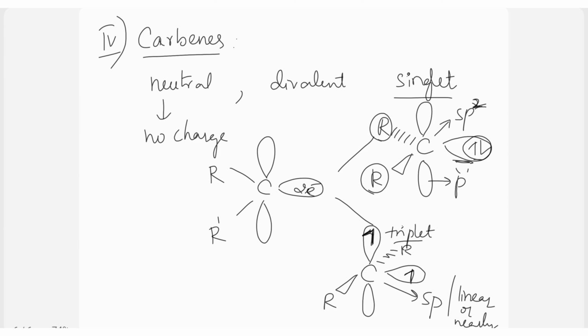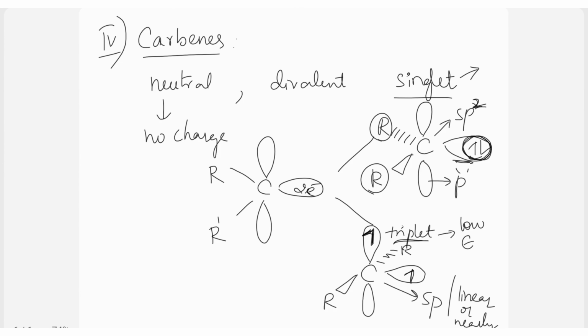Now these are the two types of carbenes: singlet with a pair of electrons, triplet with parallel spins, where the two electrons have the same spin. And if we consider the energy of singlet and triplet carbenes, initially we would think that whichever has paired electrons will have the lesser energy, but according to the studies, the triplet form has lower energy compared to the singlet form.